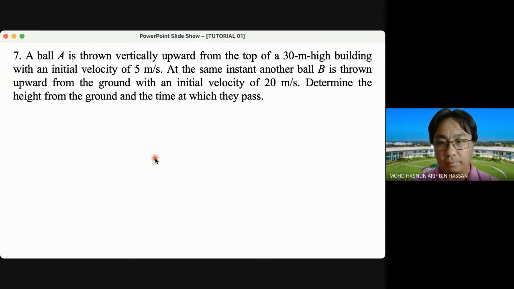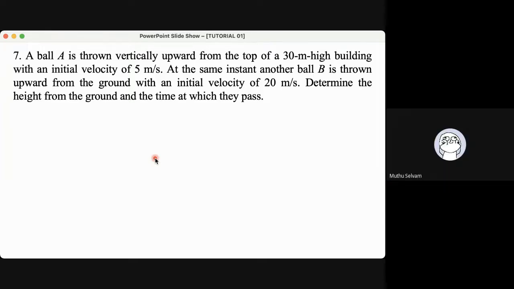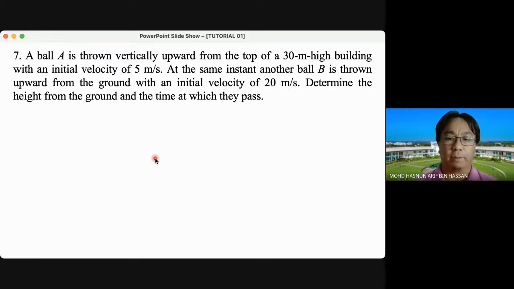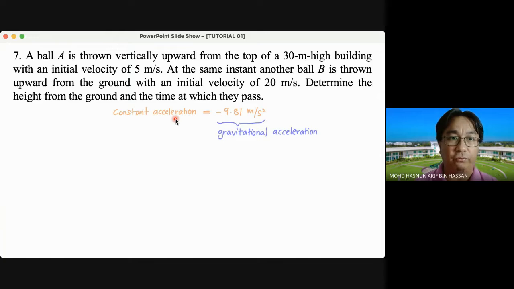Who knows? Negative 9.81. 9.81, correct. Okay, so although in this case there is no mention of constant acceleration, this problem falls under free fall. We call this a free fall problem. So in free fall, we have a constant acceleration of negative 9.81 meter per second square, and this is called the gravitational acceleration.